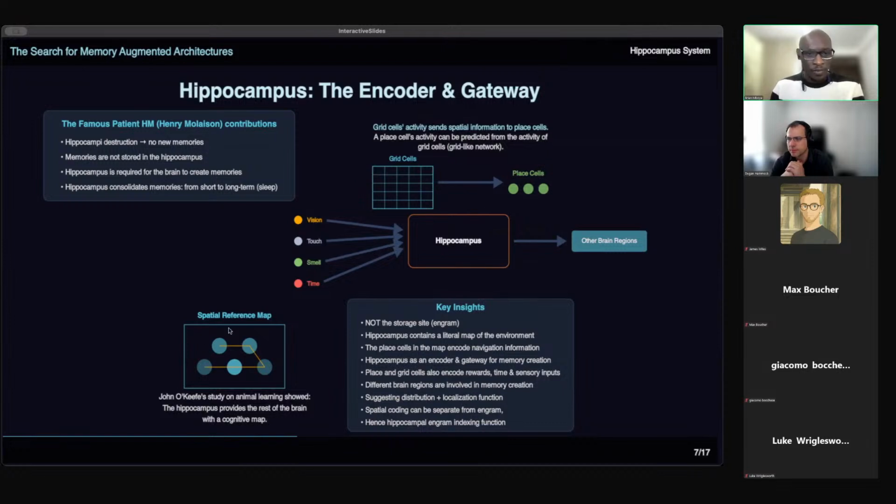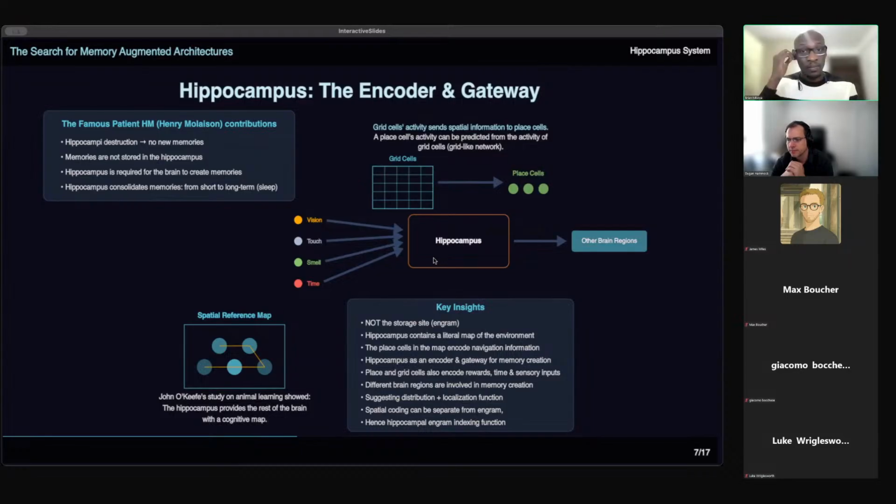And you can see on the right that we have the contribution of John Hawkins, who studied mostly animal learning, and he provided the idea that the hippocampus provides the rest of the brain with a cognitive map through the process of the grid cells and place cells.